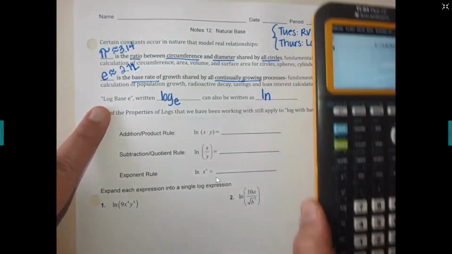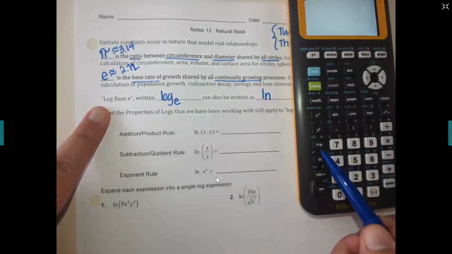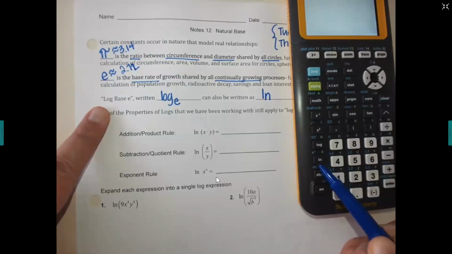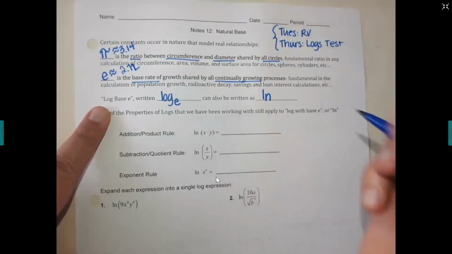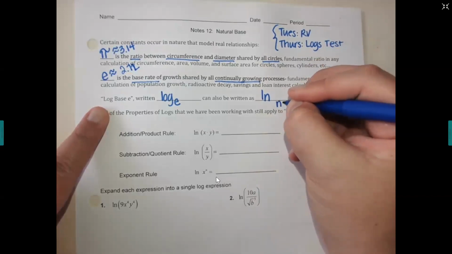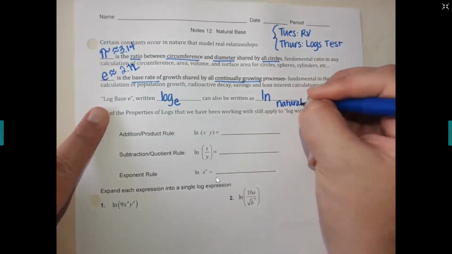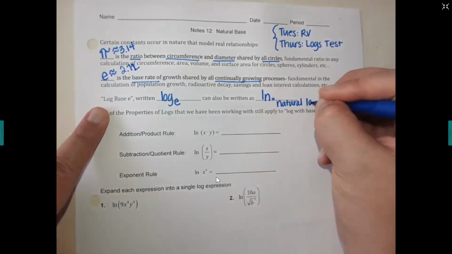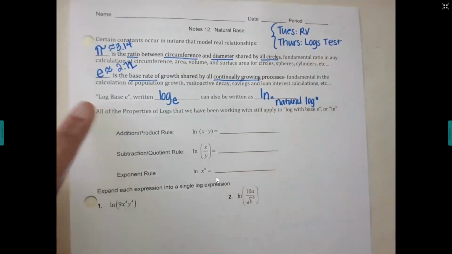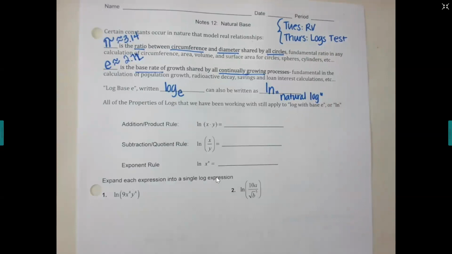Do you see that you have your log button right here, and right below that is ln? That means log base E. The reason they abbreviate it that way is that it's called a natural log. The letters are reversed because it's actually Latin, but it doesn't matter. ln and natural log are the same thing.